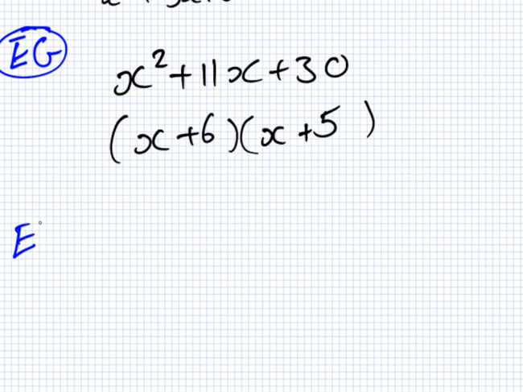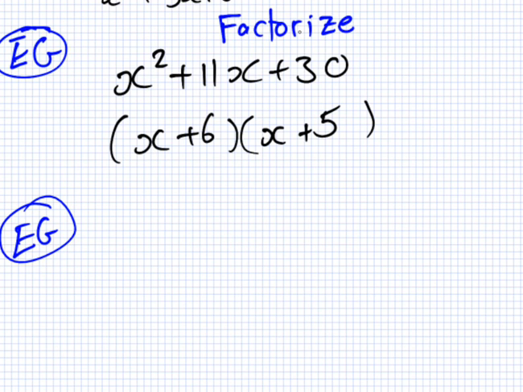It's going to be like 1 and 30, 2 and 15, 3 and 10, 5 and 6. Then you look at the piece in the middle, plus 11, and think which of these numbers can add to make 11? Only 5 and 6. So this one is not too difficult.